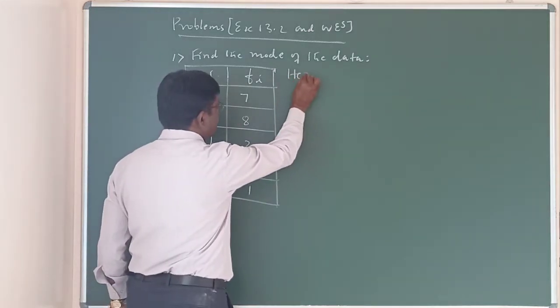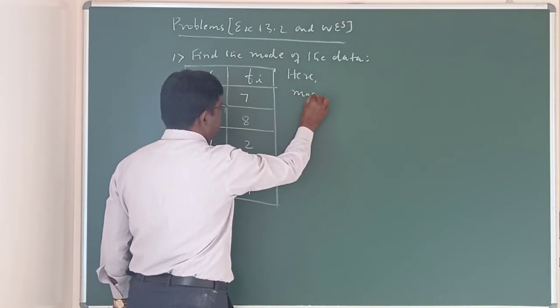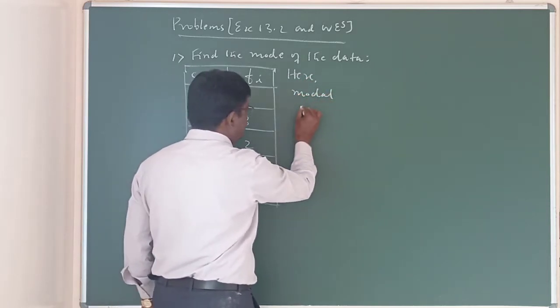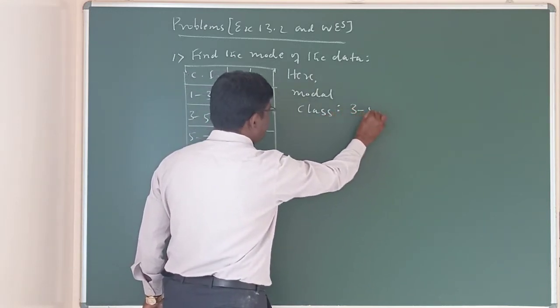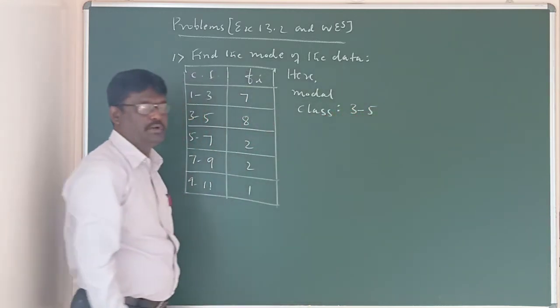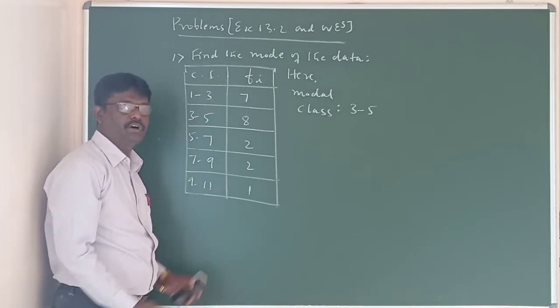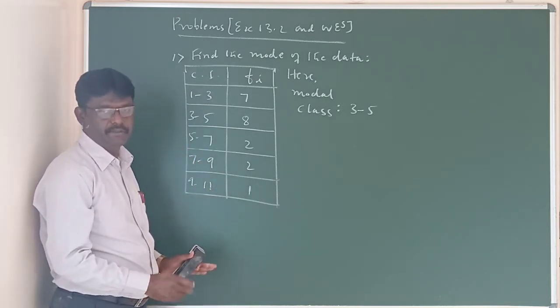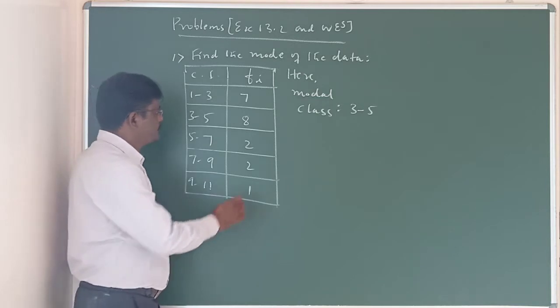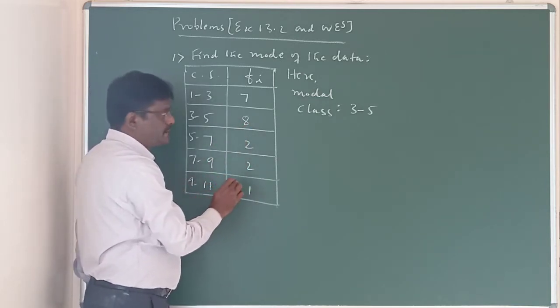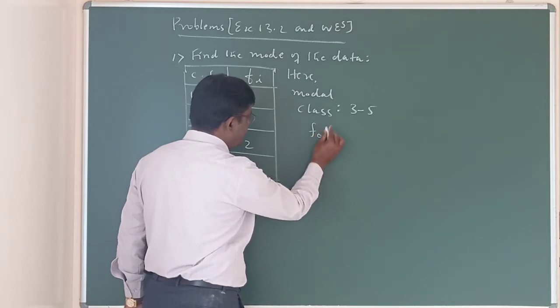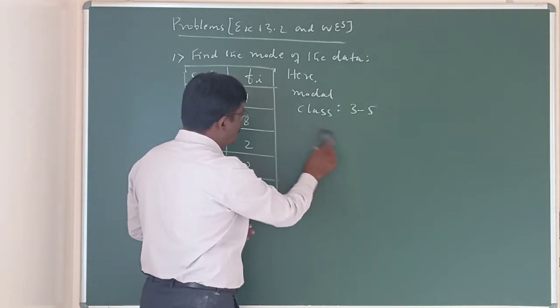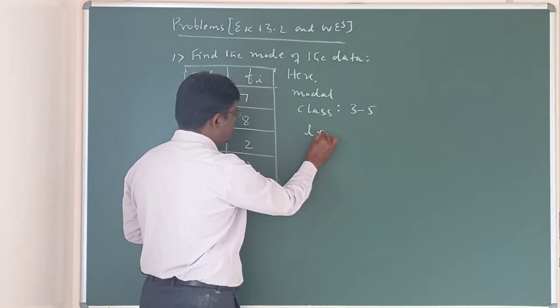The modal class is 3 to 5. Very important, because that decides all the remaining factors. Now, first we shall take the lower limit of the modal class.